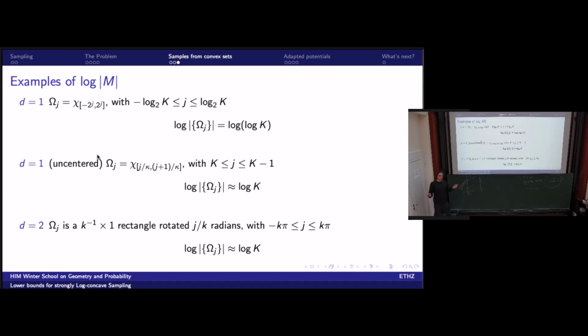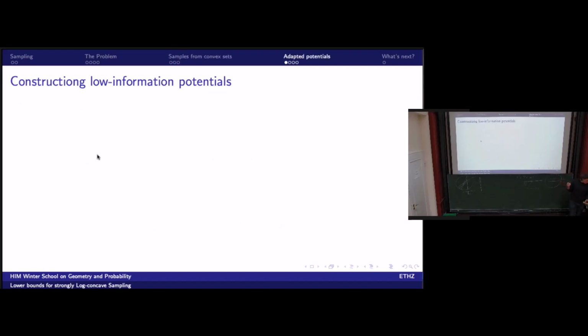And that's the way we're going to build the two-dimensional counterexample, by first building an uncentered example in dimension 1, and then radially lifting it, or lifting it in a homogeneous manner, to higher dimensions. But this is basically how you guess what answer you should be getting, and then you actually have to go and build potentials that hide all of the information to transfer this from this case to the actual log-concave case. How do we do that?